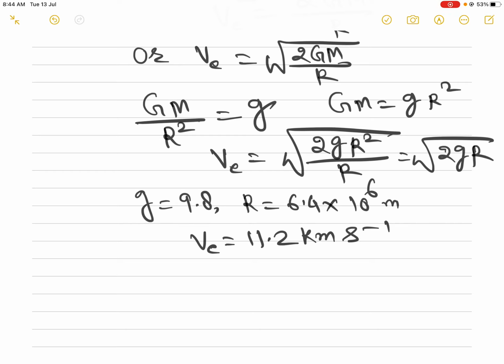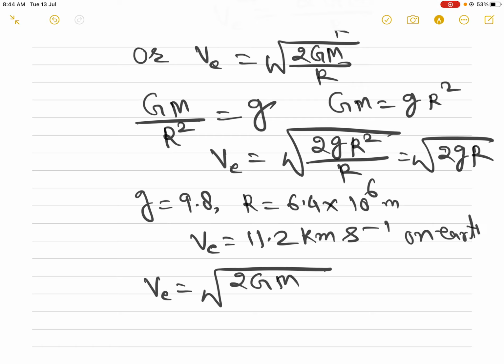Now, another expression in terms of density for the escape velocity, V E is equal to root 2 G M by r, so M is equal to volume into density.